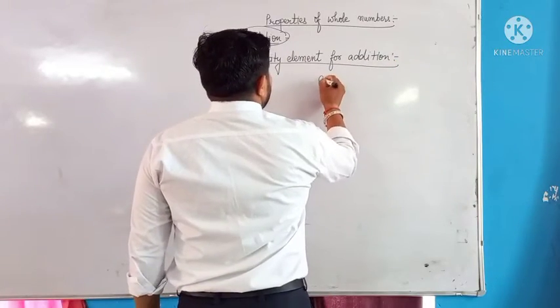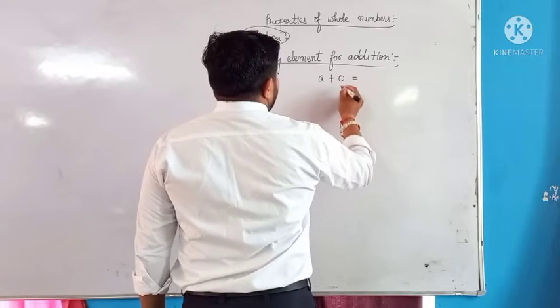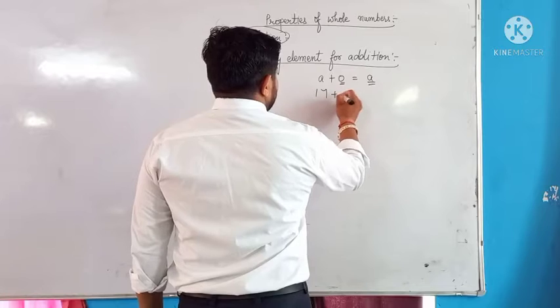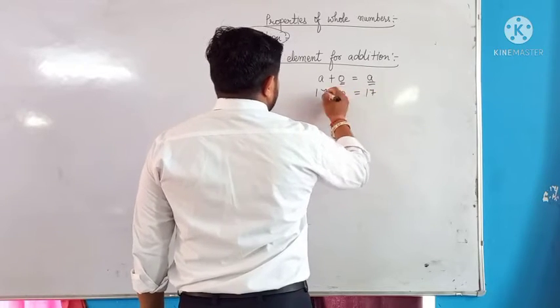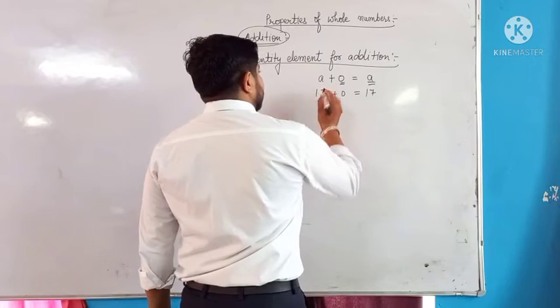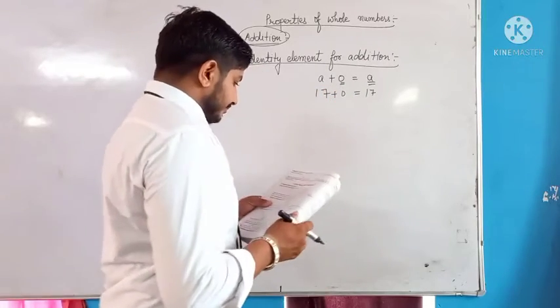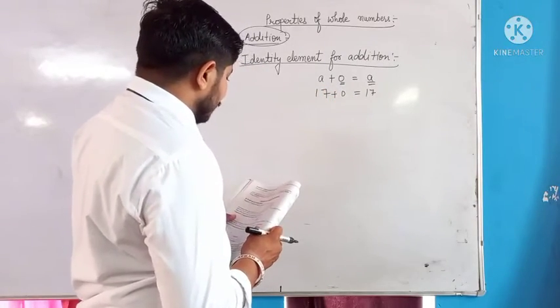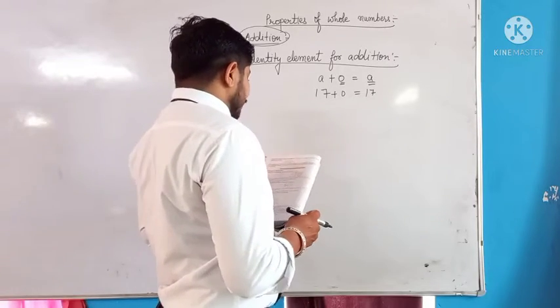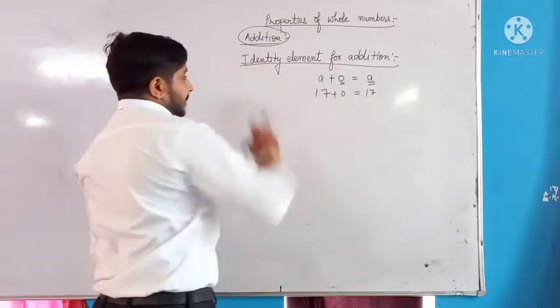If we add 0 to any whole number, then the answer comes the same. Take 17 plus 0, whatever the answer comes is 17. So what is the whole number we add? 0 we add. Next, beta, these are all the properties of whole numbers under the operation addition.